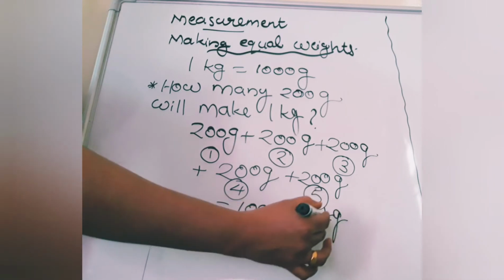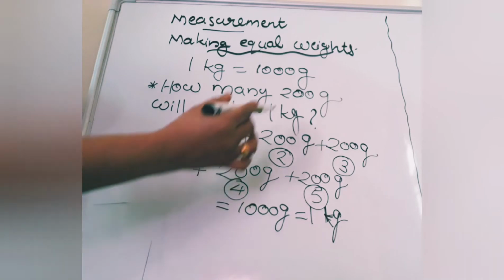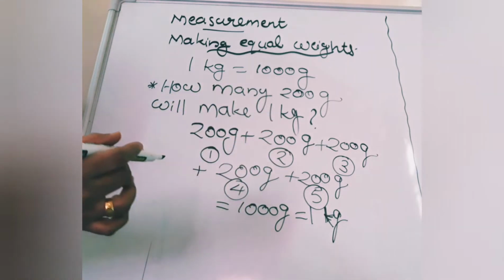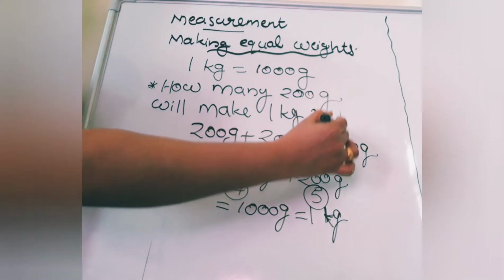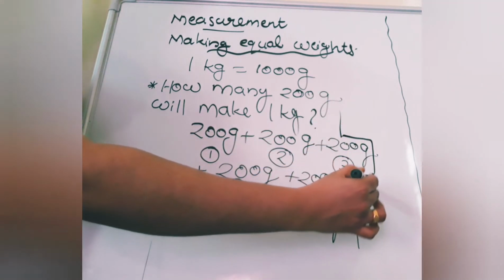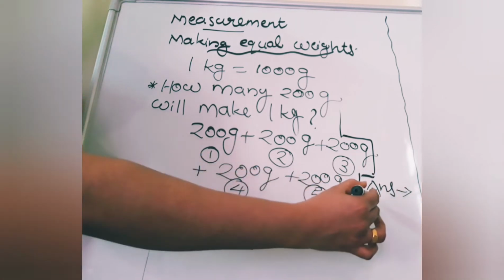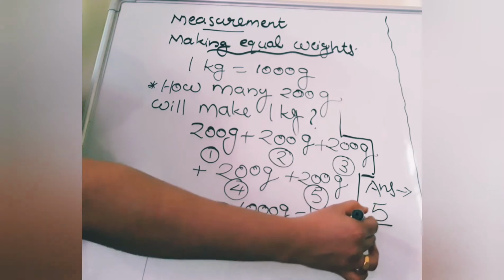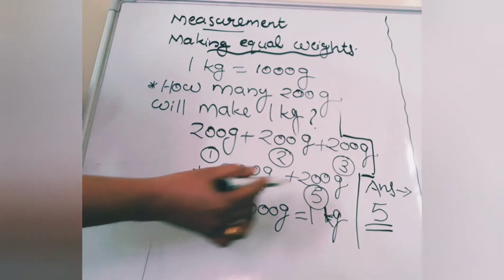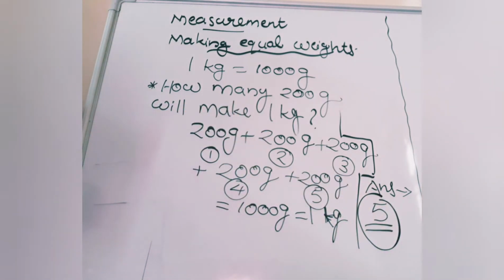So how many times did we take? For this 1 kg, 5 times. So the answer is 5 times. 5 times 200 gram will make 1 kg. This you have to keep in mind: 5 times 200 is equal to 1 kg.